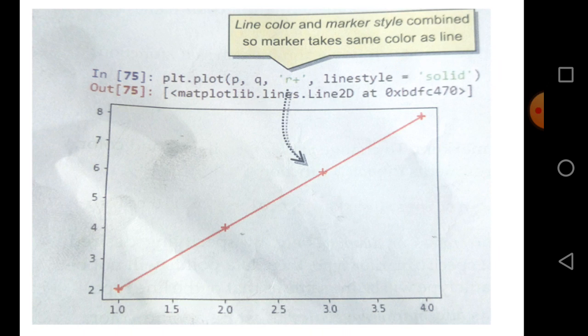So there is a special feature in pyplot's plot function, and it says that you can combine line color with marker style.